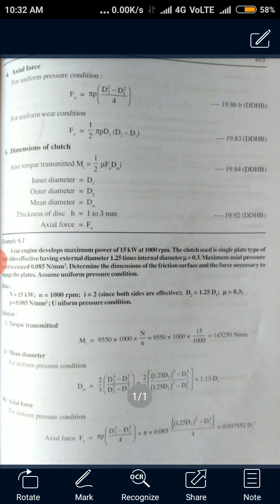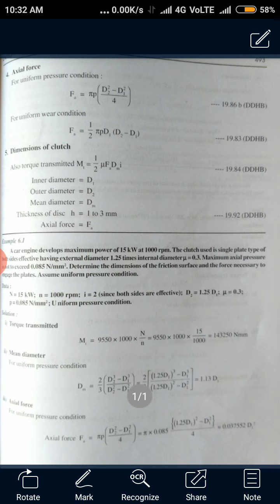Mu is the coefficient of friction, Fa is the axial force, Dm is the mean diameter, and I equals the number of active plates. D1 is the inner diameter, D2 the outer diameter. These are the parameters we're going to calculate in the problem.